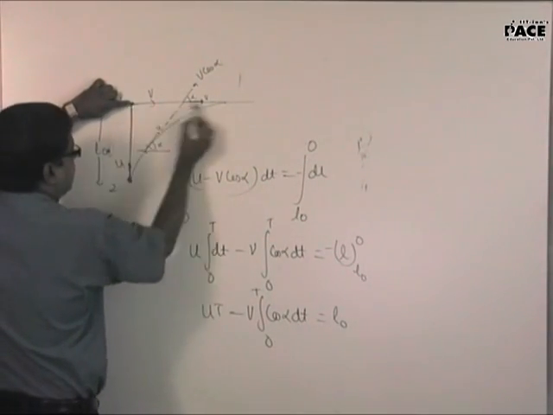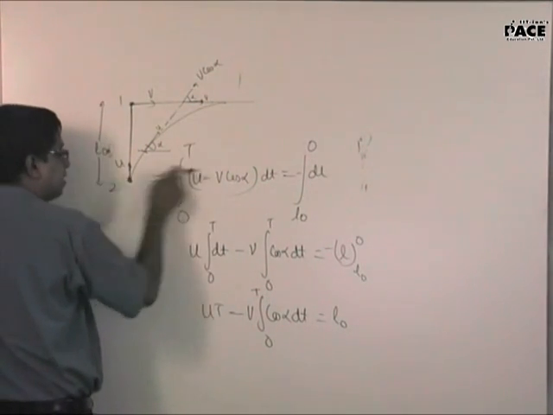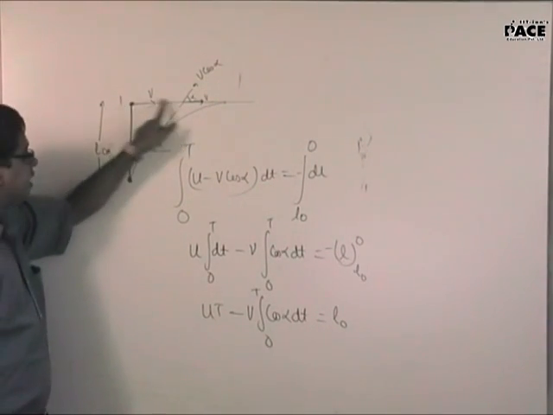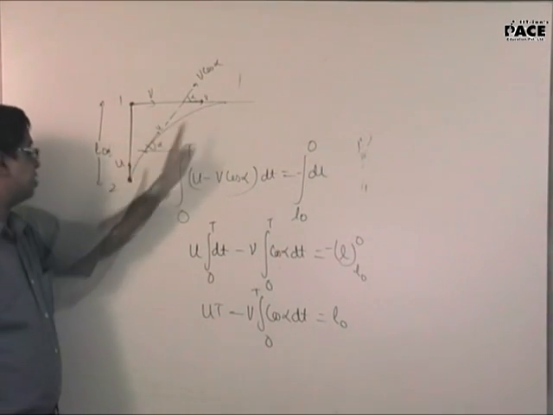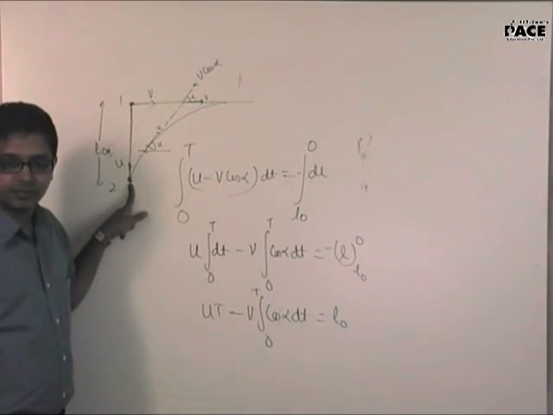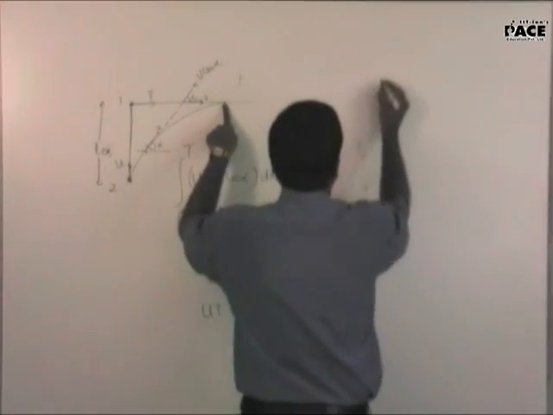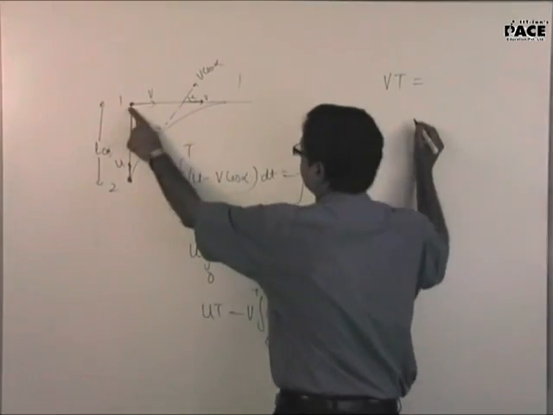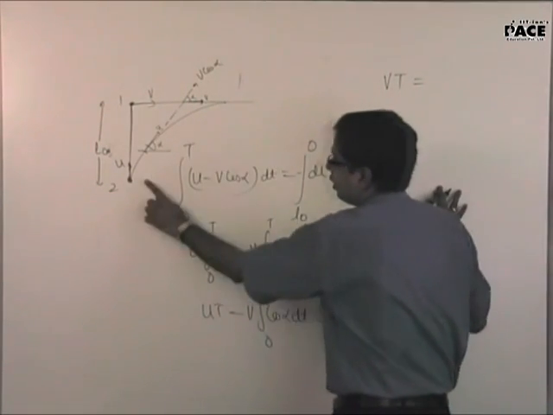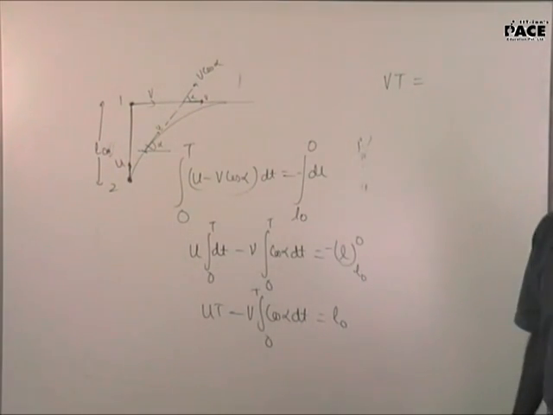By the time particle 1 travelled this horizontal distance, which is v into t, particle 2 also had the same horizontal displacement.